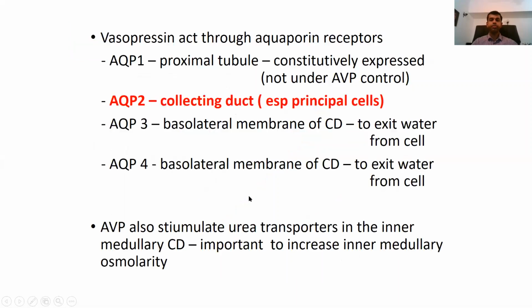This vasopressin acts through many aquaporin receptors. However, the most important one is your aquaporin 2 receptors in the collecting duct, and that is where most of this vasopressin acts on the kidney, thereby reabsorbing more and more water, resulting in low urine output, that is your oliguria.